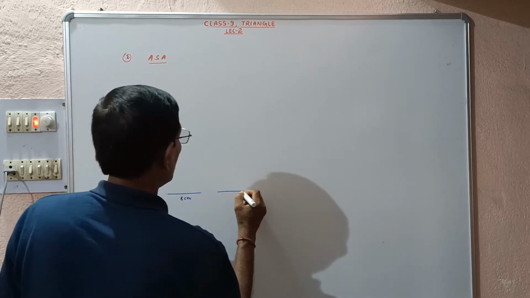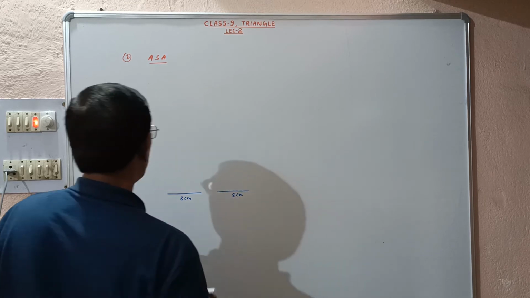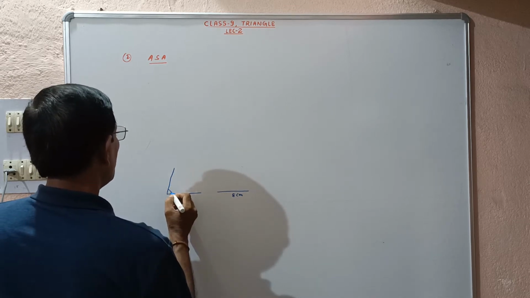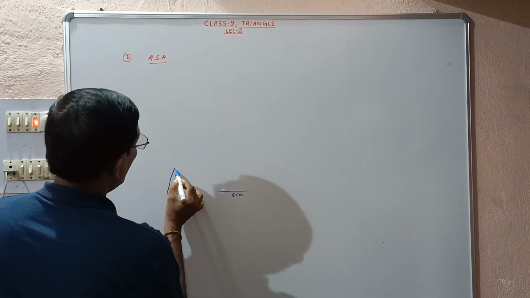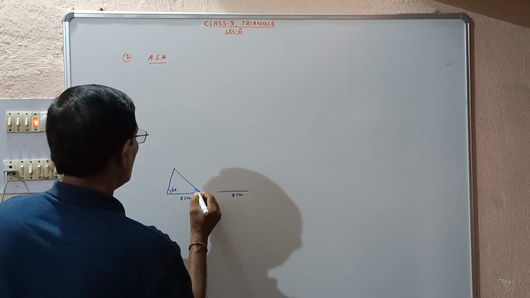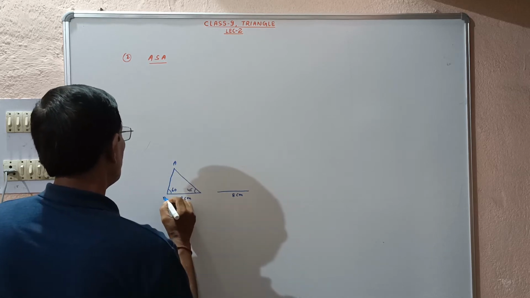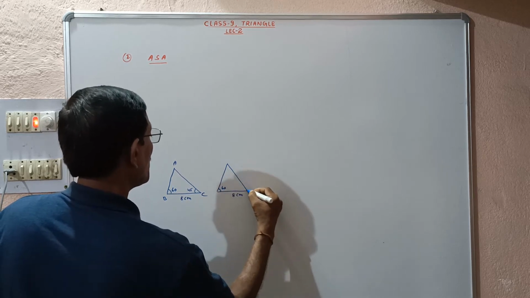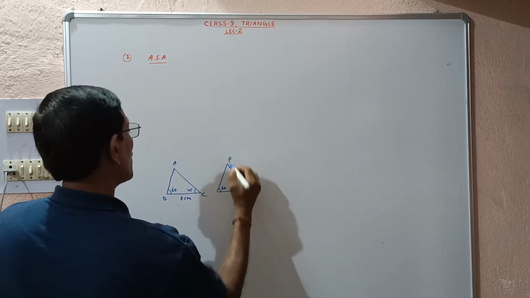In another triangle we also take this side as 8 centimeter, and this angle is 60 degree, and this angle is 45 degree. This is ABC, and in this also this angle is 60 degree and this angle is 45 degree. This triangle is PQR.